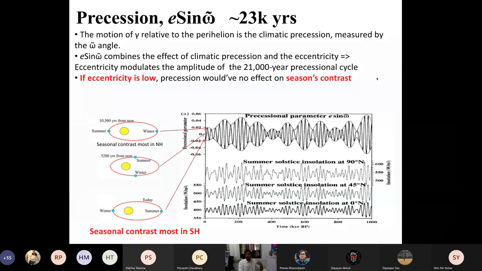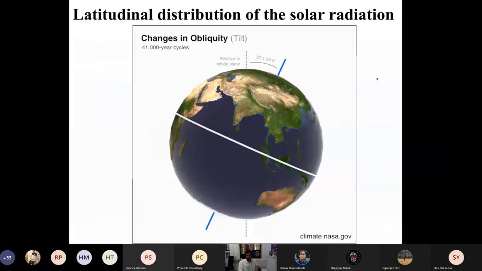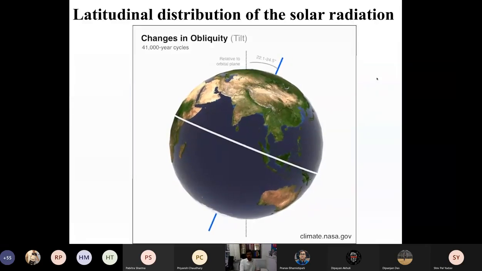But for the heat budget of the planet, on an annual basis, on a decadal basis, the precessional cycle has very little to do. Okay. Last but not the least is the change in obliquity, which is the tilt of the axis from its mean value. And it's ranging between 22.1 degrees to 24.5 degrees. And this tilt controls the latitudinal distribution of solar radiation.